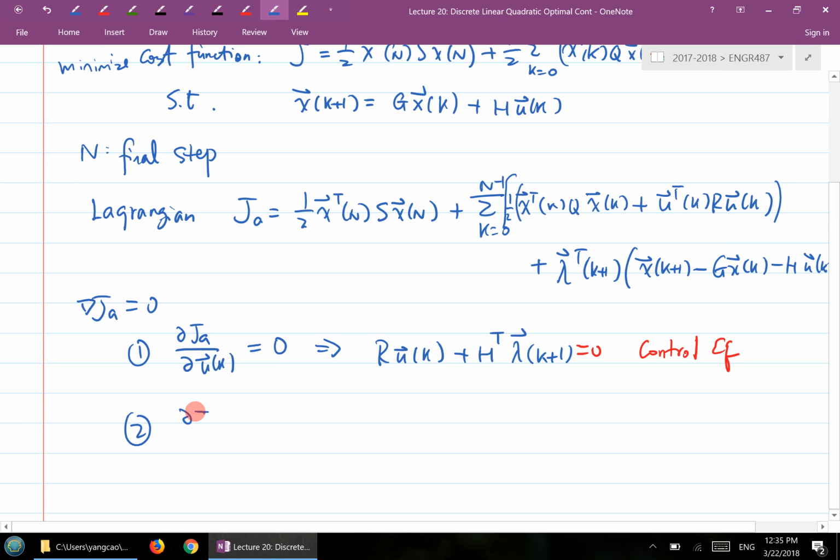The second partial derivative is with respect to the Lagrange multiplier, and we let it equal 0. Essentially we get back our constraint, the system state equation.